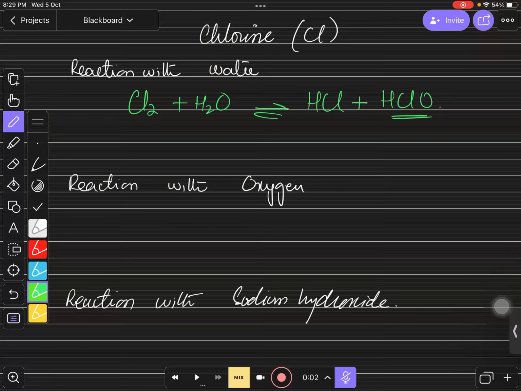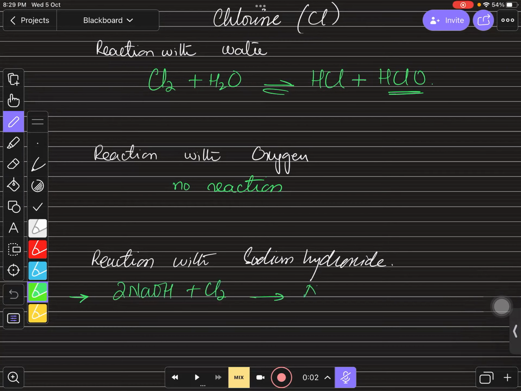There are two different reactions. One is with normal sodium hydroxide. When you react sodium hydroxide with chlorine, what is it going to form? NaCl, NaClO plus water. And if you talk about hot NaOH, that means you are reacting NaOH with chlorine using temperature, right?